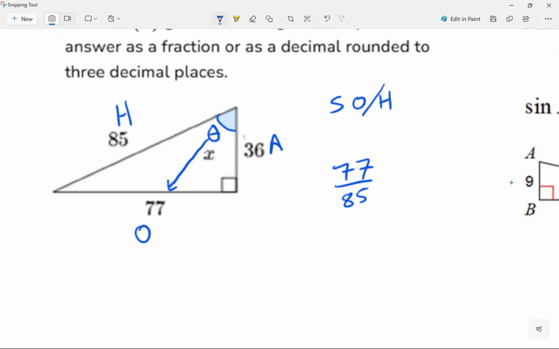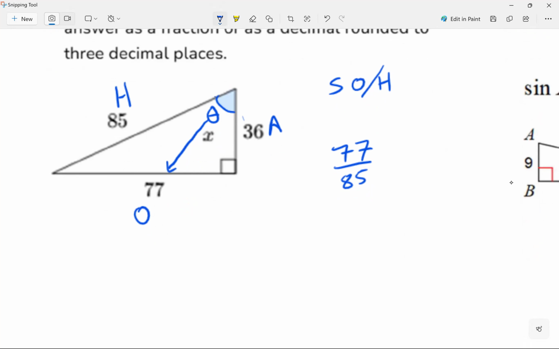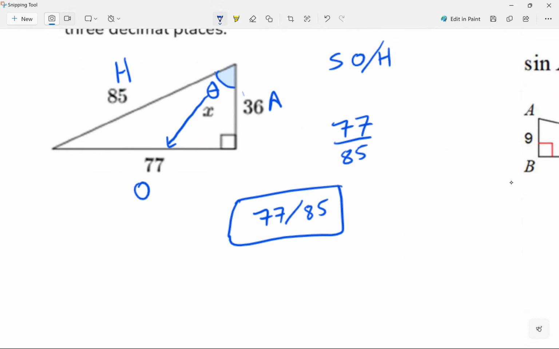Now I start thinking, can I simplify this fraction? There's nothing that goes into both. So fraction wise, that's as simple as we can go, 77 over 85. We're going to do this as a fraction. Now, if you want to do this as a decimal, you're going to go 77 divided by 85.